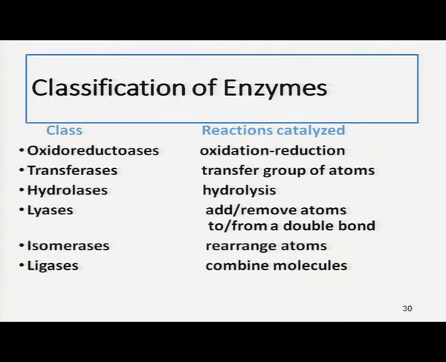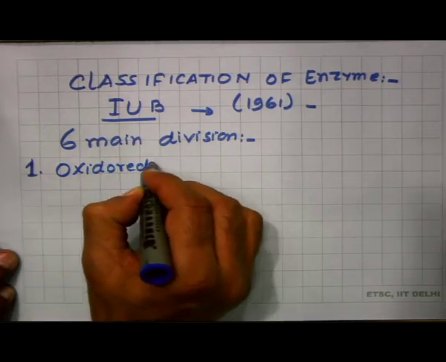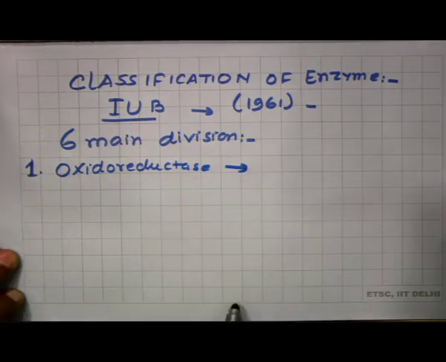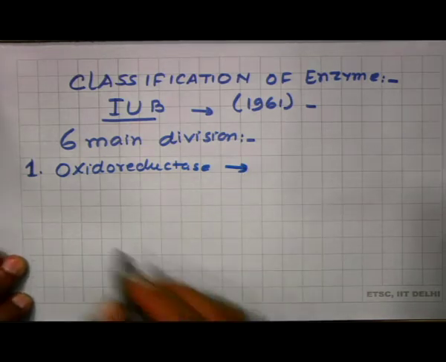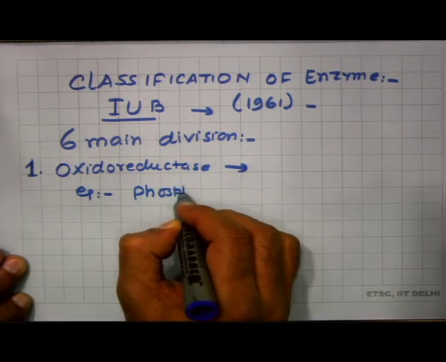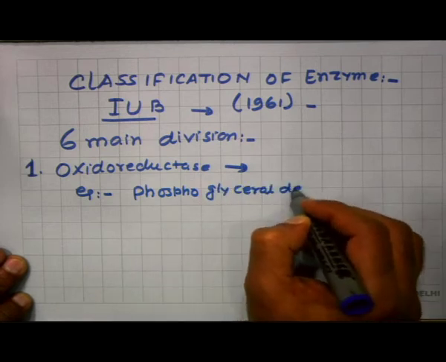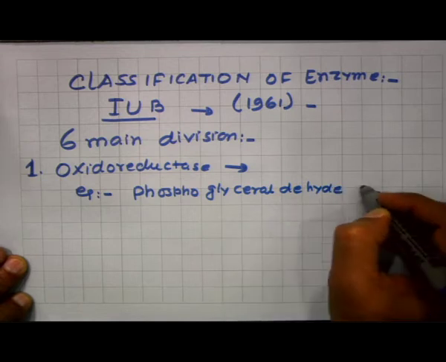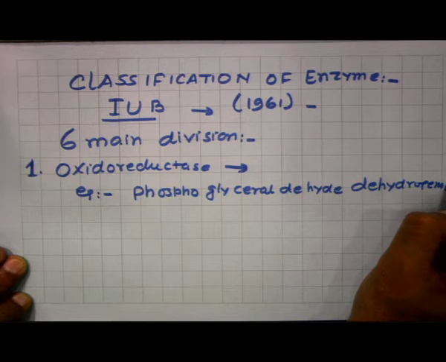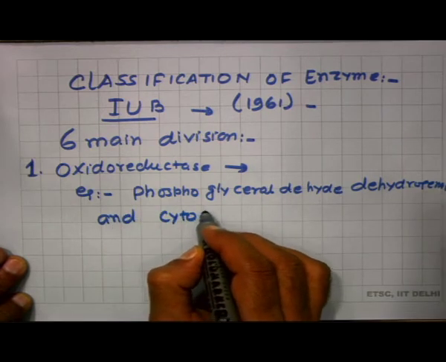One by one, first oxidoreductase. In these cases, oxidation and reduction are going on. Examples are phosphoglyceraldehyde dehydrogenase and cytochrome oxidase.